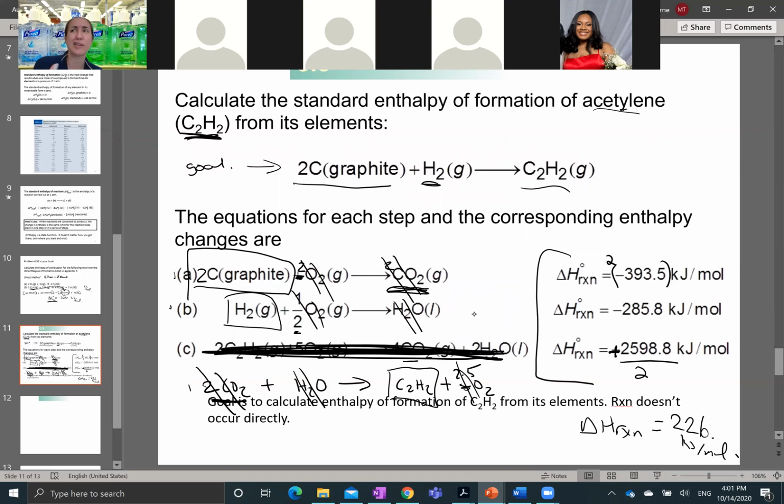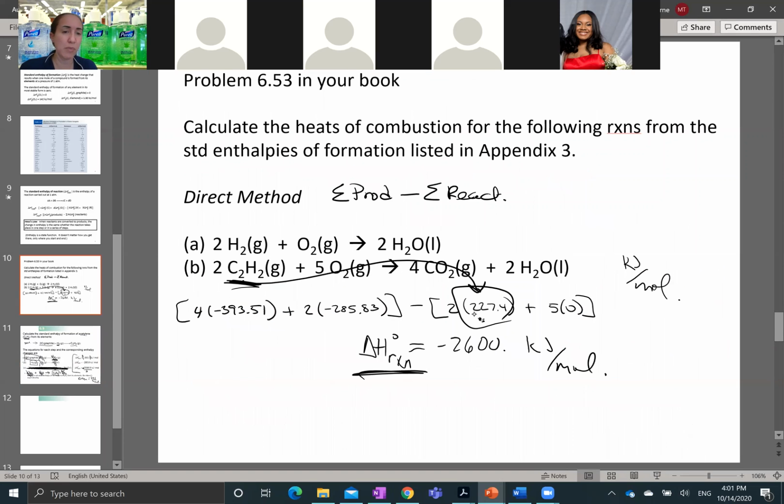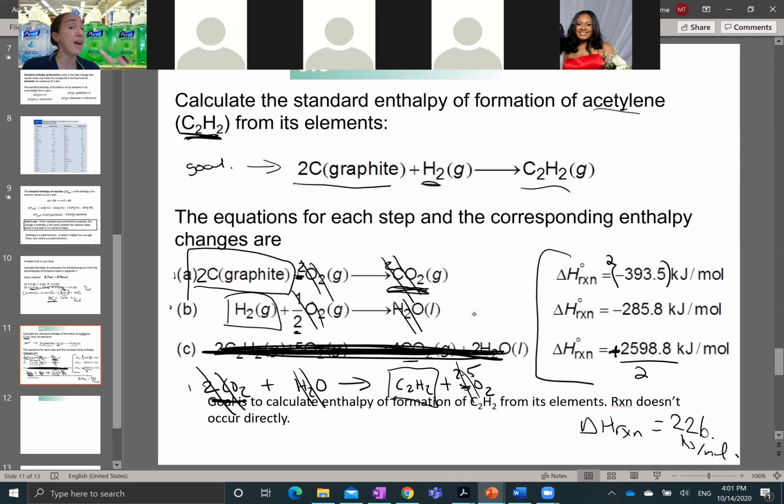So there's not an appendix that I can look to see what the enthalpy of formation value is, because if not, every single problem would be a direct method problem. But since we have unknowns, chemists can find the formation value of unknown compounds by adding up everybody that's involved in the reaction to make the final product. So that's why we have this method. Do you understand that?